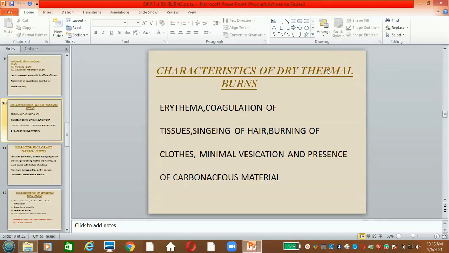There is redness or erythema, coagulation of tissues involved, singeing of hair, burning of hair, burning of clothes, but vesicle formation or vegetation is minimal, and black colored carbonaceous material is present in dry burns.